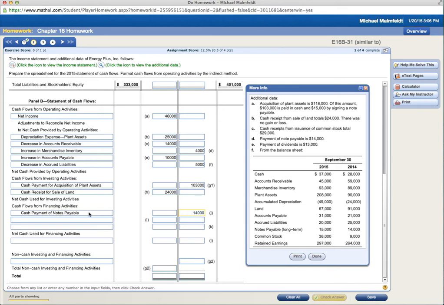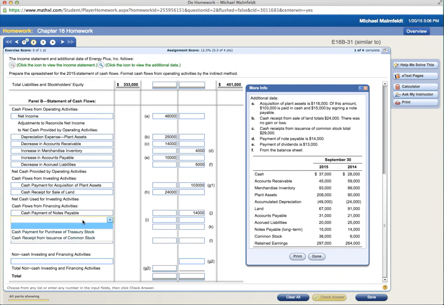And again, the payment of that cash on the note payable is not recorded in net income. Well, that's kind of irrelevant because we're out of operating activities anyway. But this is a cash payment that occurred during this period, and so we need to record it in our cash flows from financing activities.